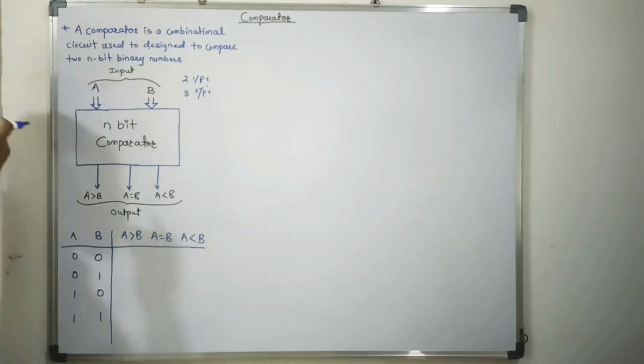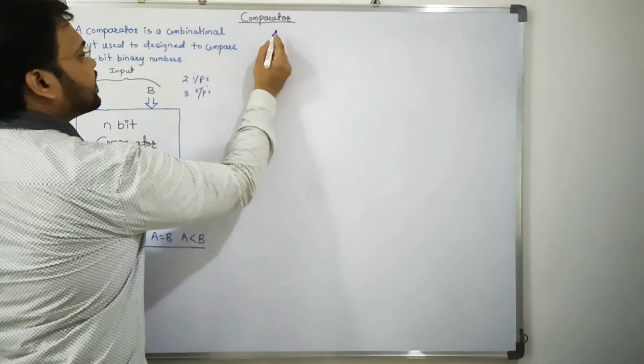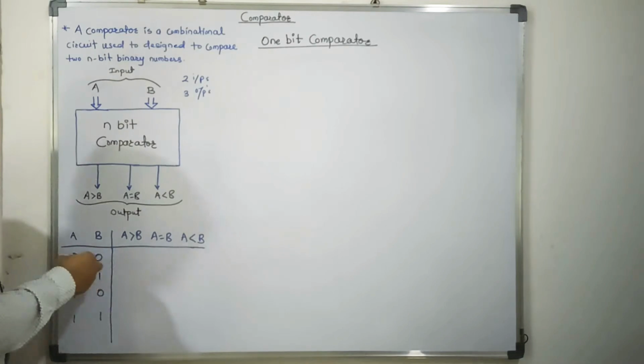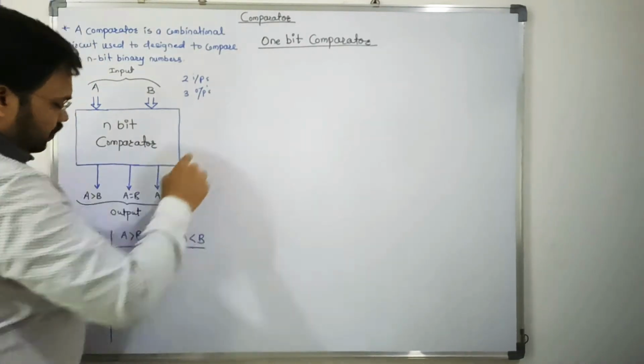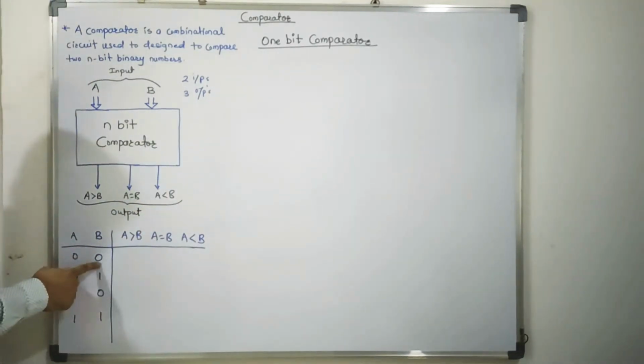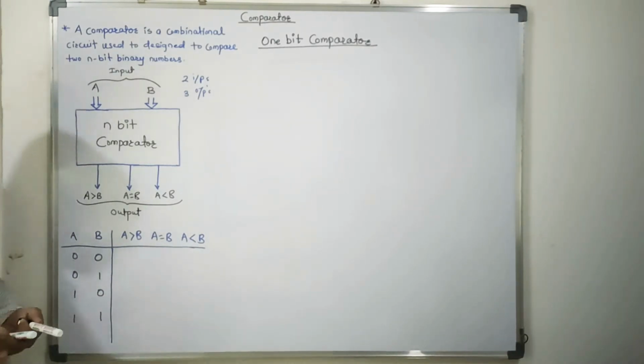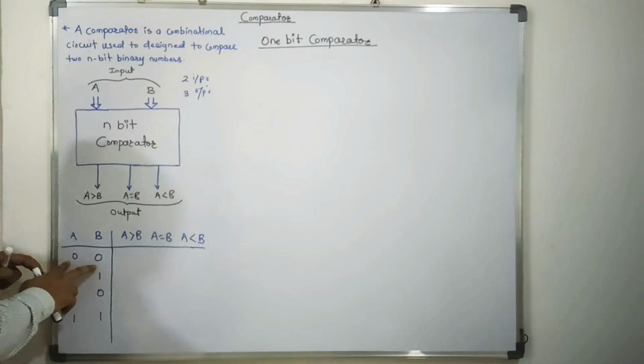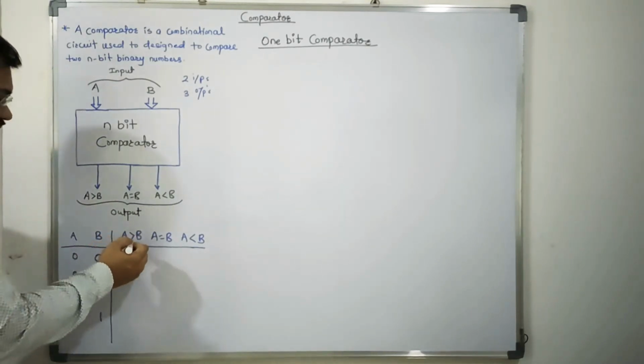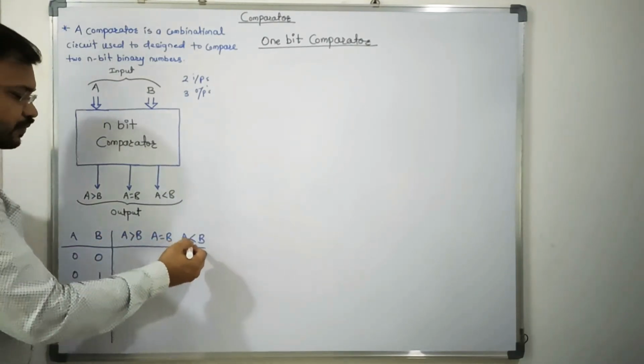If we consider the example of a 1 bit comparator, the inputs are 00, 01, 10 and 11, and the outputs are A greater than, A equal to, and A less than.